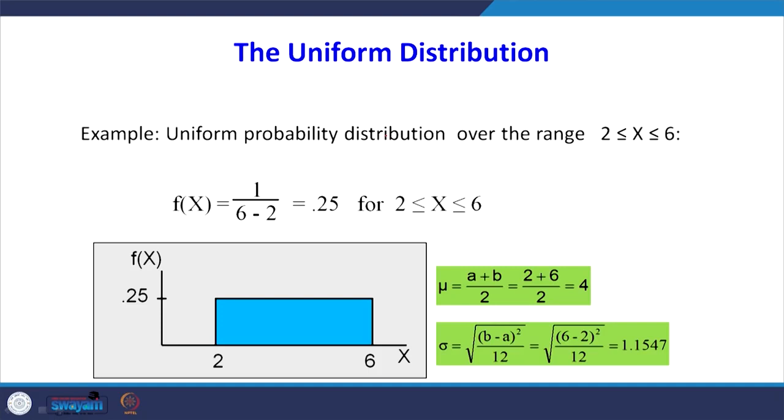In between 2 and 6, you can select any random value, maybe 3, or 4, or 5. The probability density of choosing 3 or 4 or 5 is 0.25. The mean is (a plus b) by 2, a is 2, b is 6, 8 divided by 2 is 4. Similarly, the standard deviation is (b minus a) whole square divided by 12, that is 1.17.